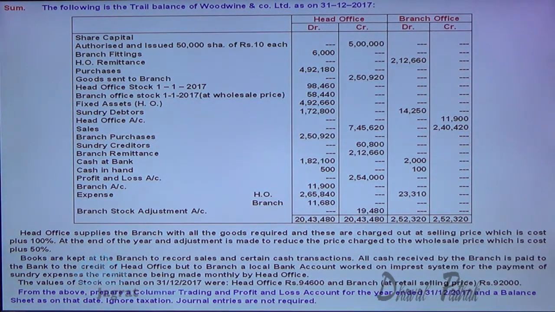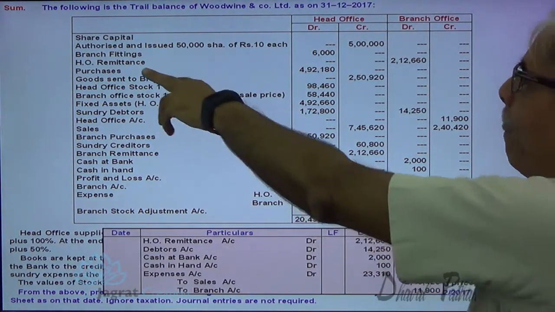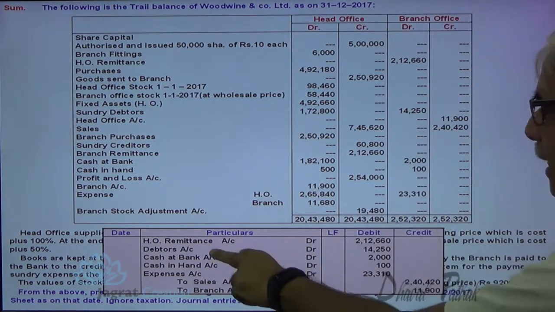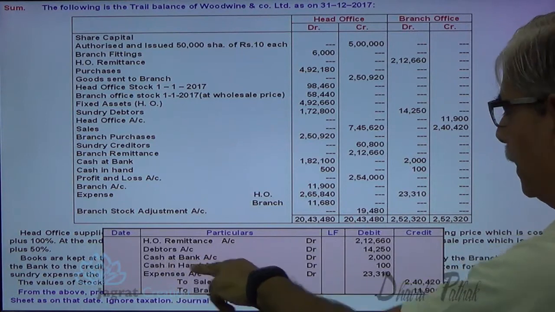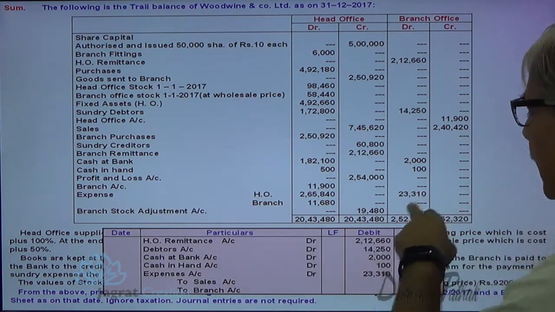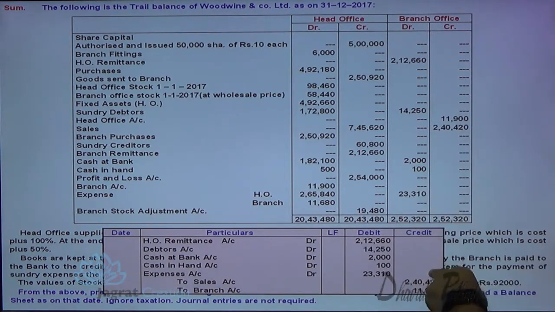Now, I would like to write down the absorption entry. HO remittance account debit, debtors account debit, then cash at bank account debit, cash on hand account debit, branch expense account debit, sales account credit, to branch account credit.